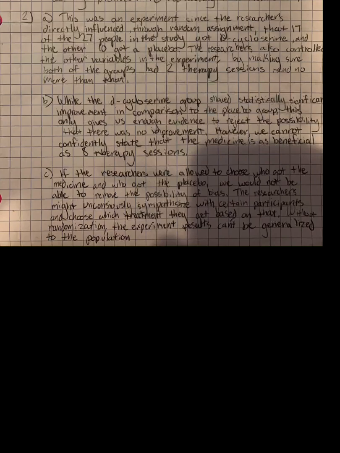So when you're answering your question, you have to be aware that even though we rejected the null, that doesn't mean that the alternate hypothesis is necessarily going to be true. It just means that the null hypothesis is not true.